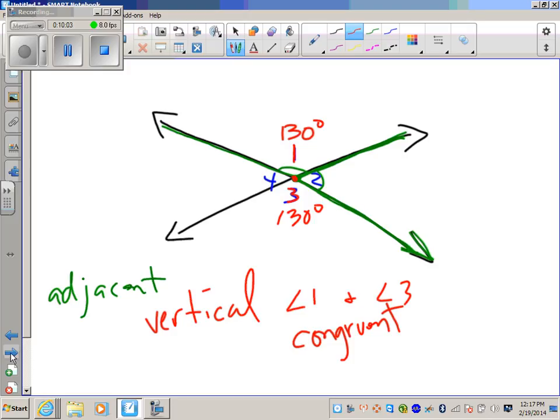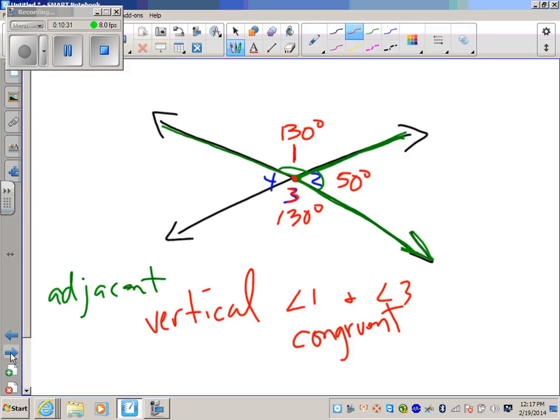You bet. Why? Because I know that angle 1 and angle 2, we call them supplementary, which means together they equal 180. So if this one's 130, angle 2 has to be 50. Because 130 and 50 equal 180, and that gives us this straight line.